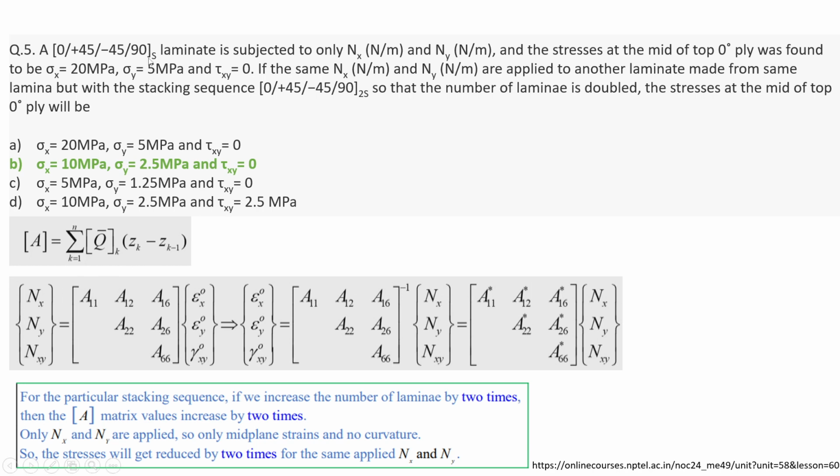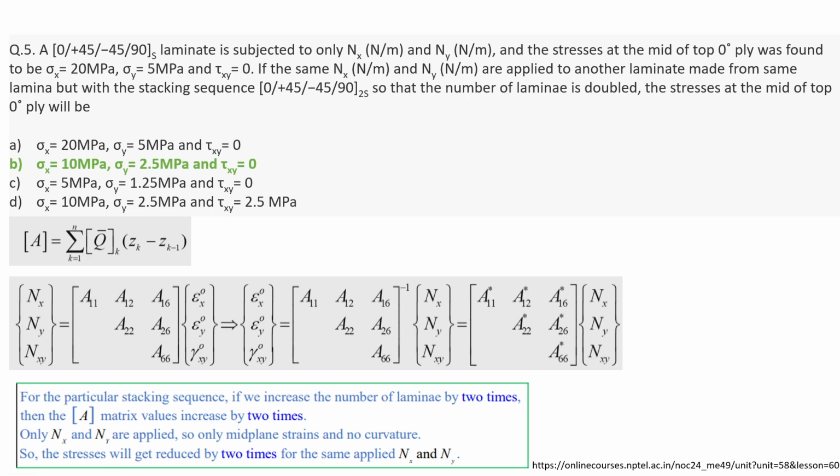In the first case there are 8 laminas, so there will be some value of the A matrix, and when we double it, the value of the A matrix will also double, because the A matrix is just the summation of the thickness and the reduced Q matrix of each lamina. So for the particular stacking sequence, if we increase the number of laminas by 2 times, then the A matrix values increase by 2 times.